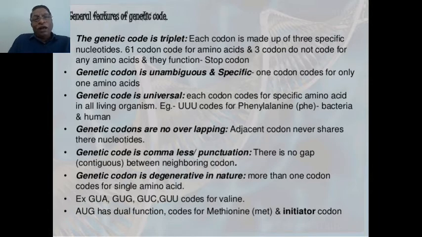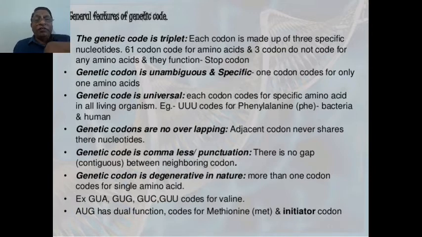Genetic code is universal. This is another most important characteristic feature. What is the meaning of universal? Just now we have seen UUU codes for phenylalanine.